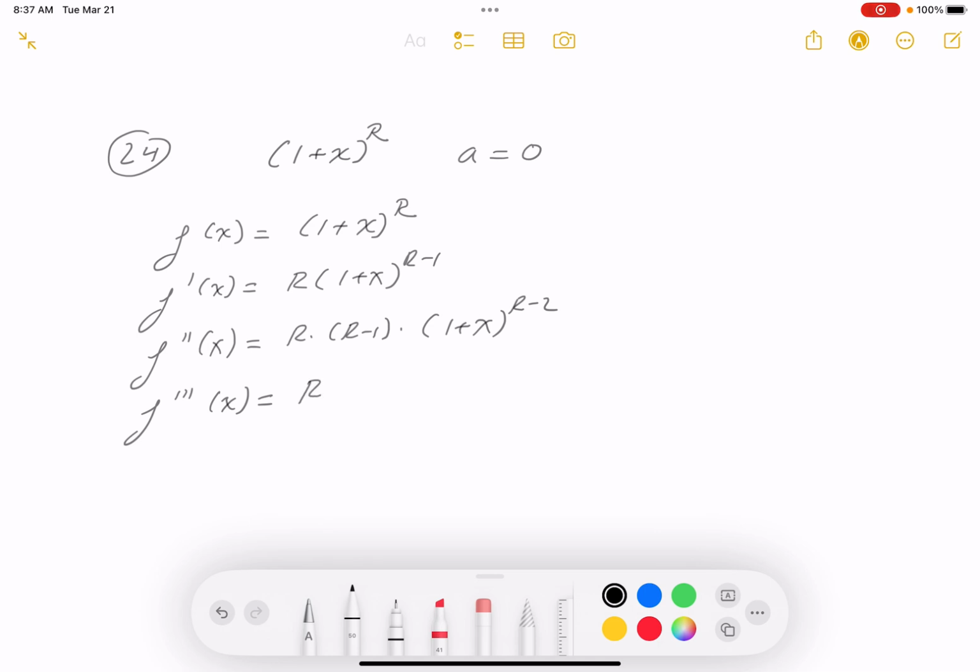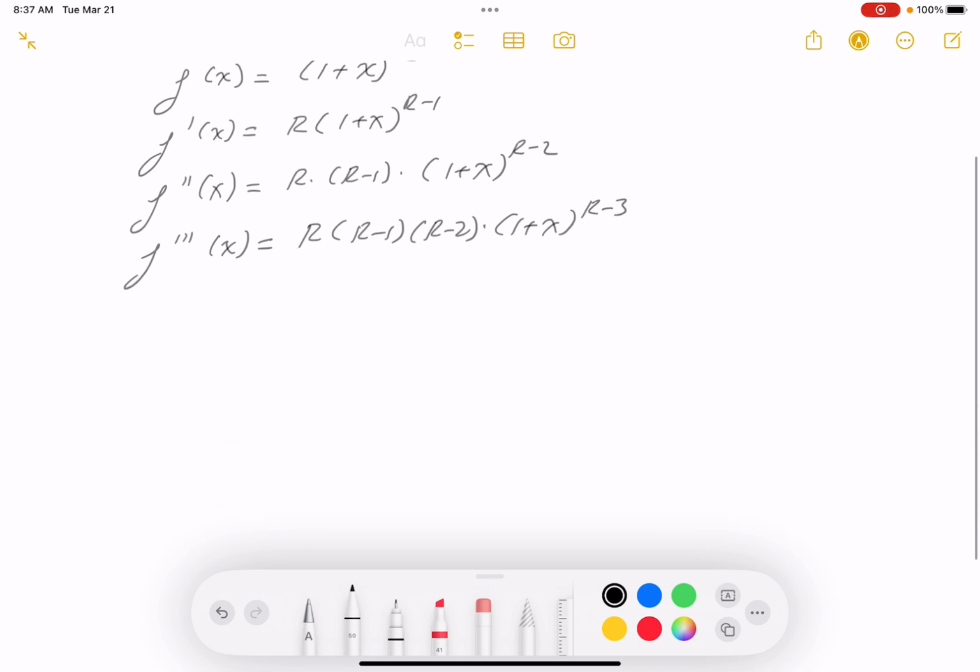That's going to be r, r minus 1, r minus 2 times 1 plus x to the r minus 3. Let's write the fourth derivative down. I'll stop there. That's going to be r, r minus 1, r minus 2, r minus 3 times 1 plus x to the r minus 4.